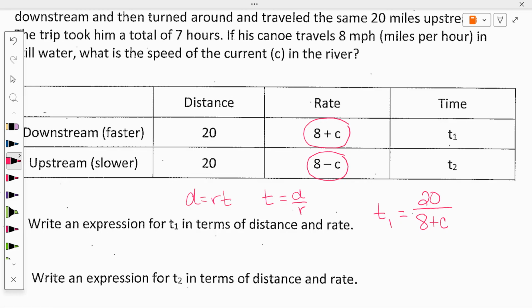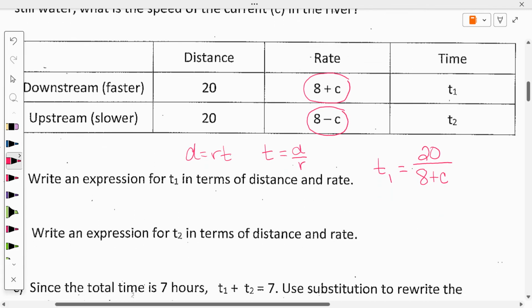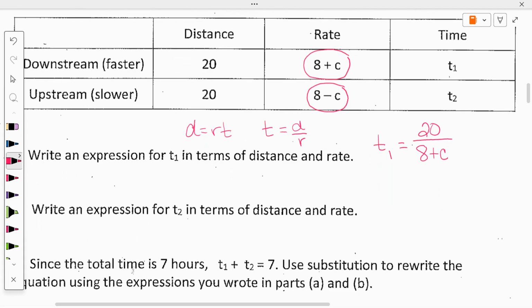Do you guys understand where I got that information? Okay. So if I want to write an expression for the time of T2, let's see. T sub 2, well, that's the distance I traveled on the second trip, 20 miles, divided by my rate, which is 8 minus C.